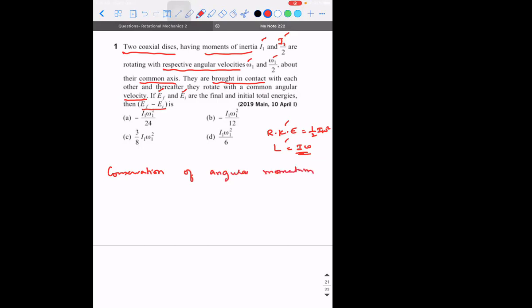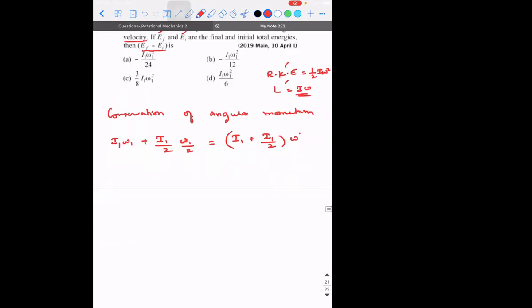According to conservation of angular momentum, I can say I1 into omega 1 plus I1 by 2 into omega 1 by 2 is equal to the final angular momentum, I1 plus I1 by 2 into omega dash, because it is attaining a common velocity. Let me call it omega dash. So what is the value of omega dash, guys?